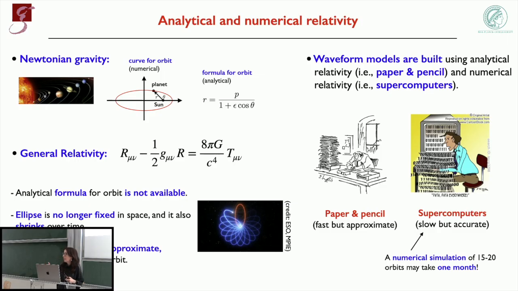Because to produce a simulation of two black holes going around each other for only 15, 20 orbits, which is not a very long waveform, much shorter than what we need for our template banks, it takes, I wrote here, 1 month. 1 month is only when you have non-spinning black holes and mass ratio close to 1, but it can take even a year, depending on the difference between the masses of the black holes in the binary and the spins.